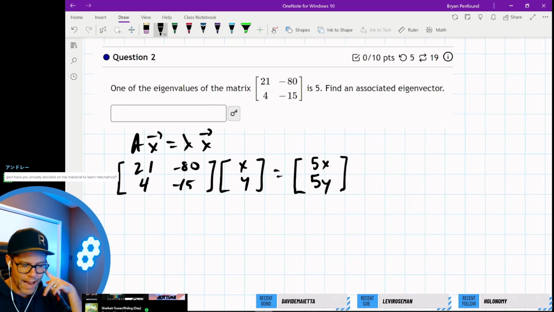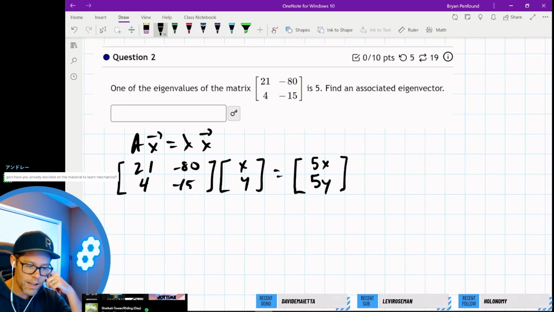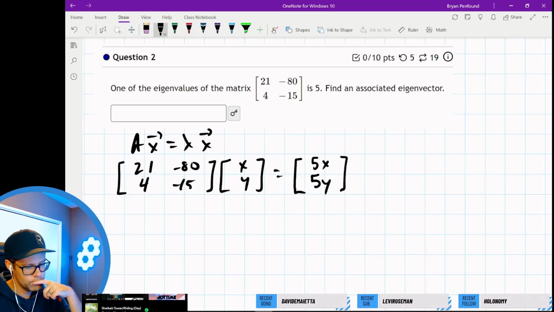Is that easy? I don't know if that's easy or not. It doesn't look easy because we'd have to start guessing at values of x and y, and I'm not sure it's super obvious what I should pick.